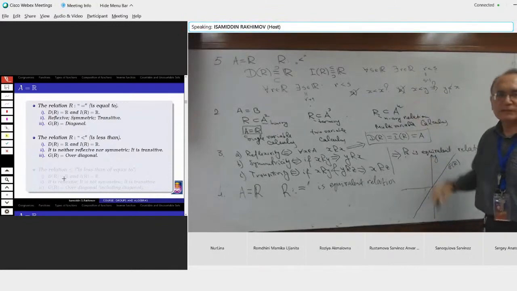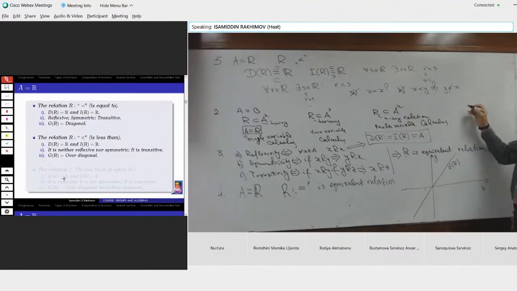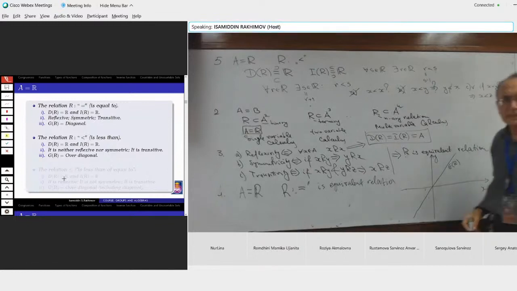Transitivity holds, because if x is less than y and at the same time y is less than z, then this implies x is less than z.